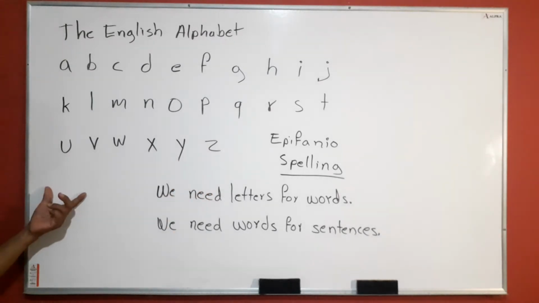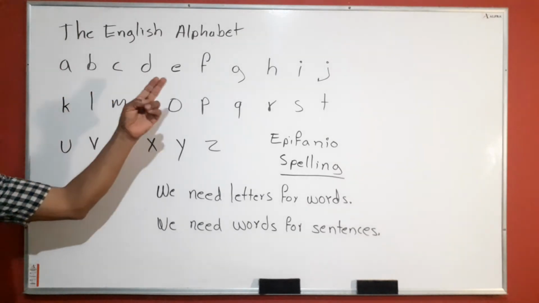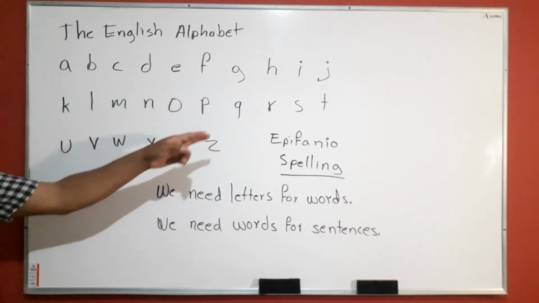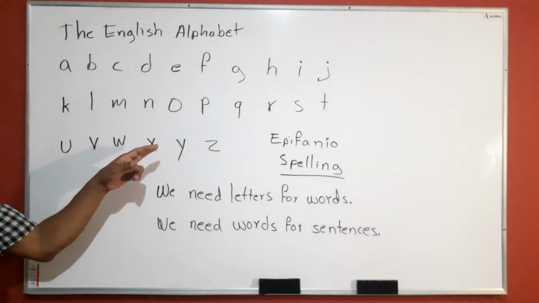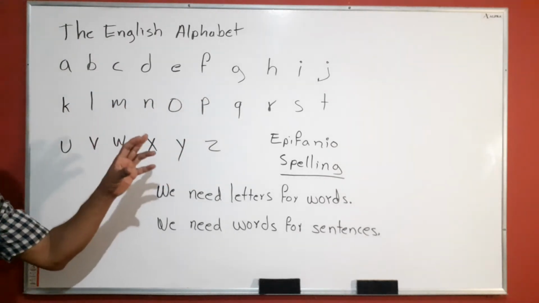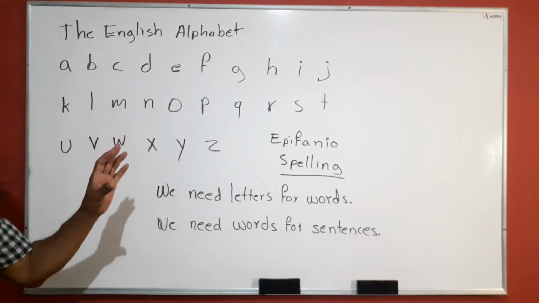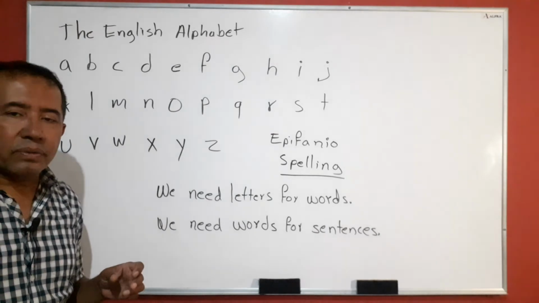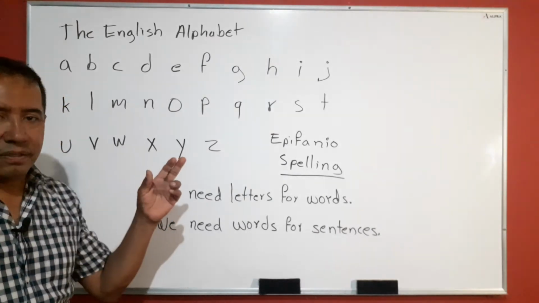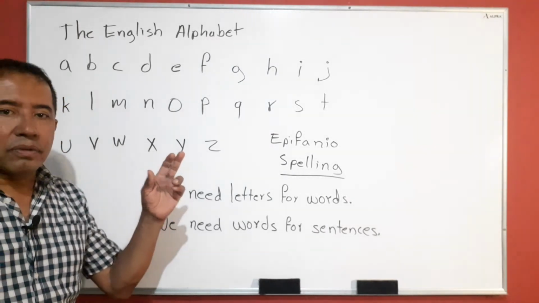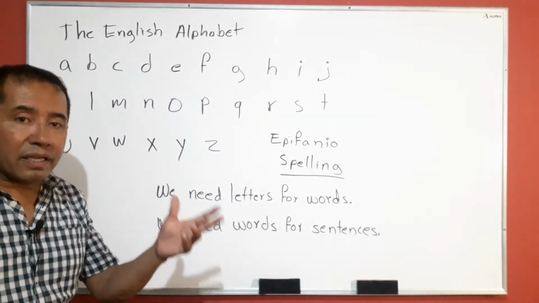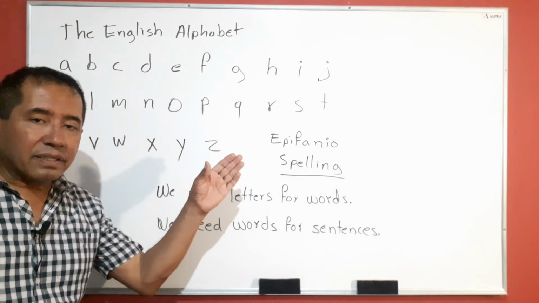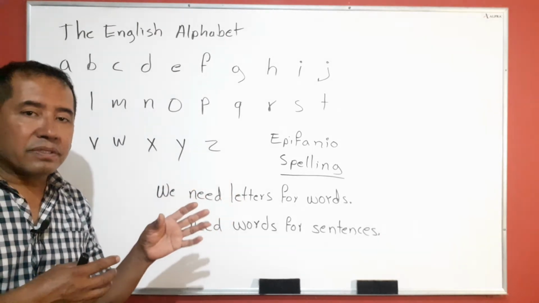Okay? This is the English alphabet. You must repeat this many times until you can tell it without seeing it.